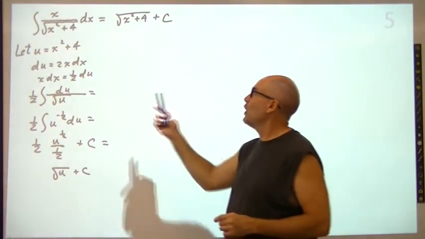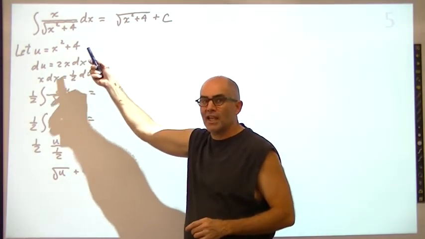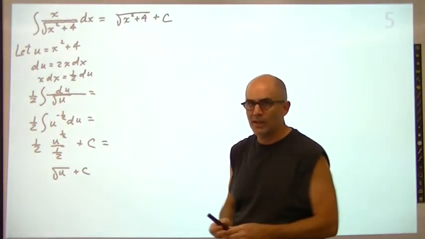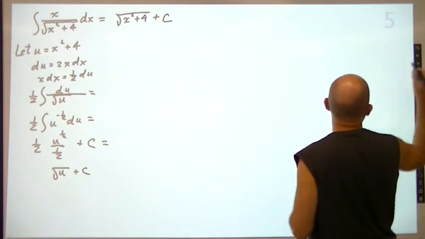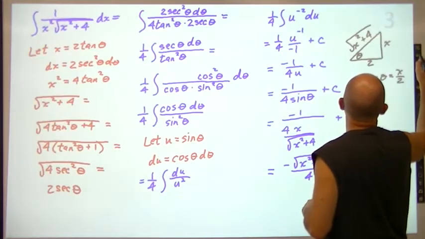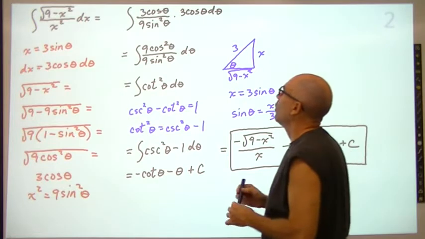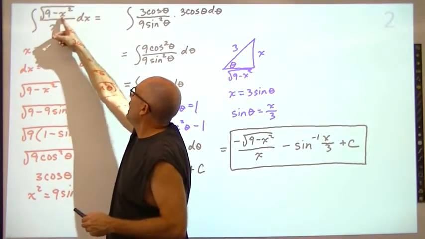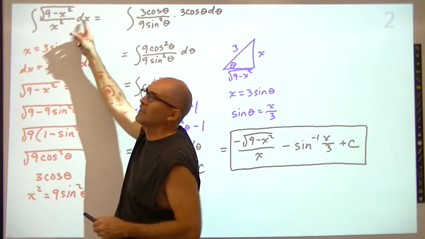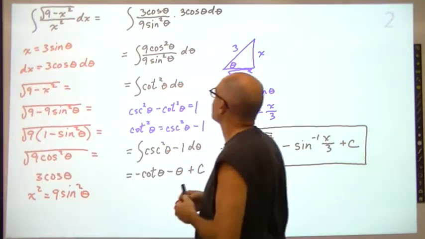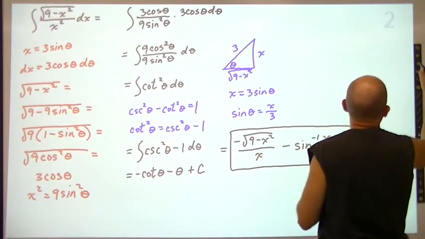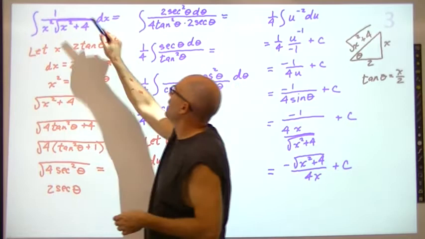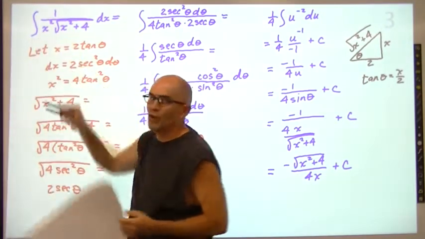So, do not get sucked into a trig substitution when all you need is a u substitution. Now, if we go back through the problems that we had before, notice we can't do a u substitution here because I would need an x dx to do that. I don't have it. We can't do a u substitution here because, once again, I need an x dx and I have a dx over x squared.